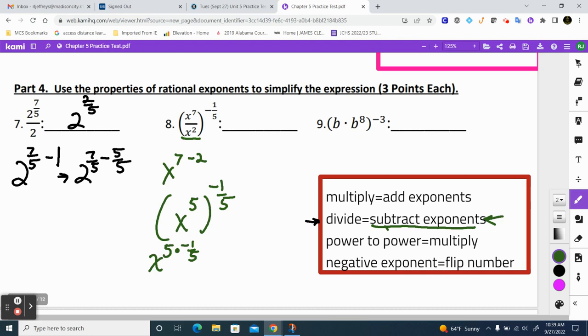Okay, when you multiply that, you will actually get x to the negative first. If you don't believe me, multiply 5 times negative 1/5 in your calculator. Okay, and for a negative exponent, you flip the number. So this goes in the basement now. You can write 1. Okay.